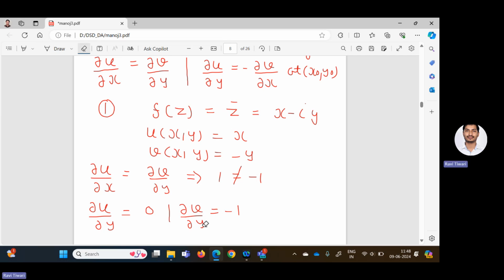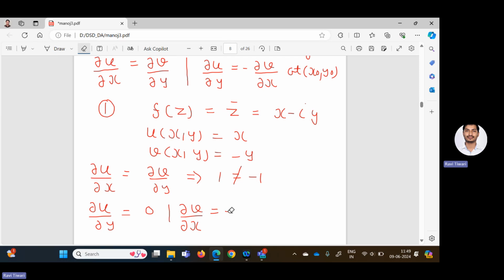Dou v by dou x is also 0, because v does not contain any function of x. So dou u by dou y is 0 and dou v by dou x is 0.